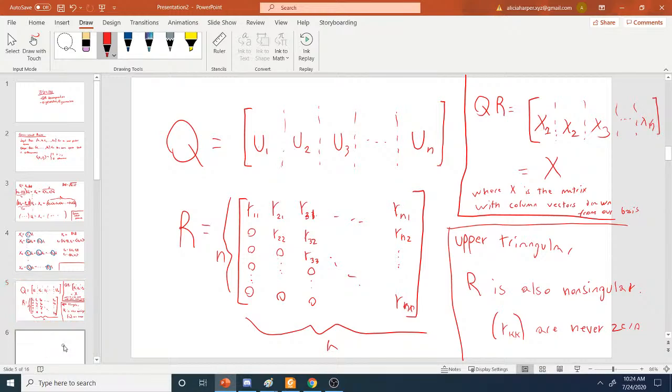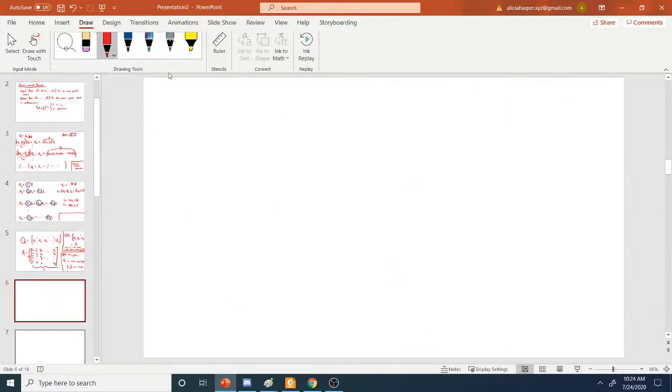Now I'm going to state a theorem that generalizes this. Theorem: let A be any m by n matrix of full rank.